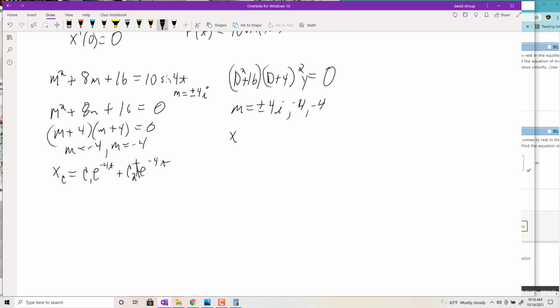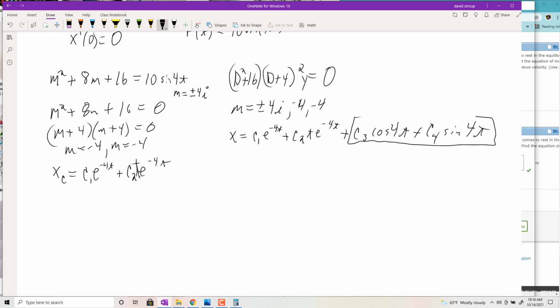So in that case, our general solution would be, let's just write c1 e to the -4t first, plus c2 t e to the -4t, and then the rest of it would be plus c3 cosine 4t plus c4 sine 4t, right? So the particular part of the solution would be all this junk. That's our x of p. So let's work with x of p.